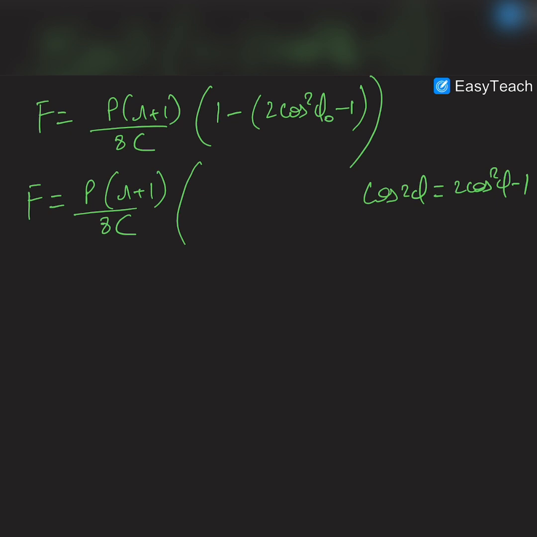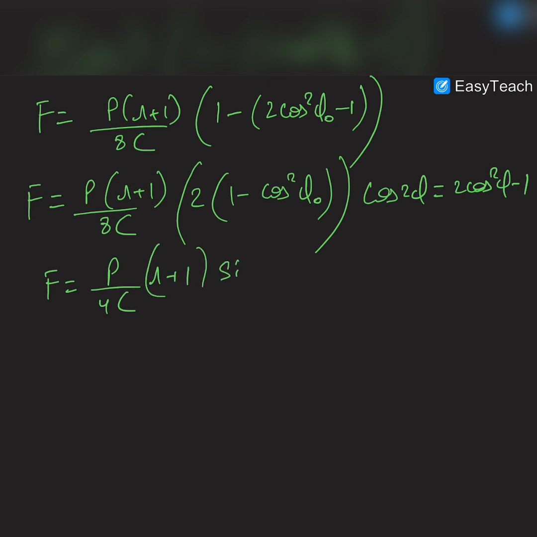So this would be equal to 1 minus cos square phi naught, and this is sin square phi naught. We could have used that identity directly, so it would be P upon 4c into r plus 1 and sin square phi naught.